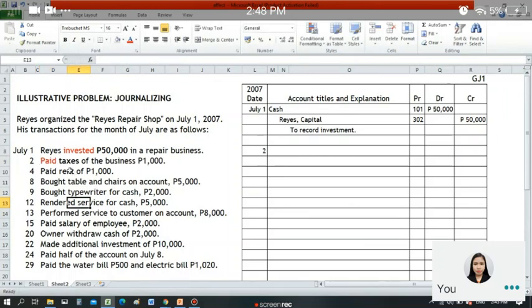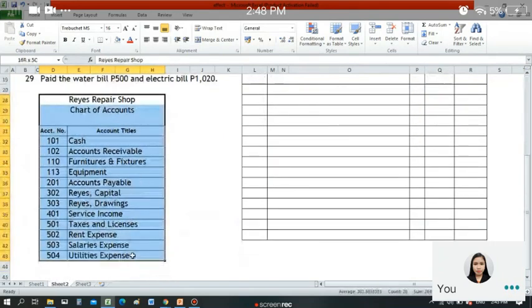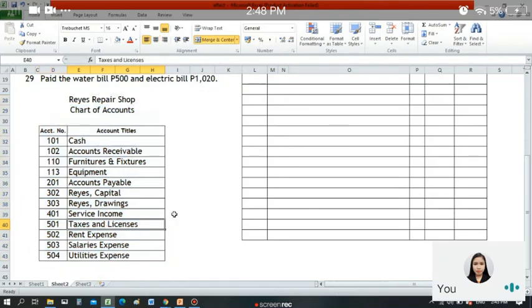So meaning, the two account titles that has an effect based on the July 2 transaction is the cash and what is taxes. This is an expense. Kung nalilito kayo kung ano siya, balikan nyo yung chart of account nyo. So what is the account title for tax? So you will see here an expense, taxes and licenses.